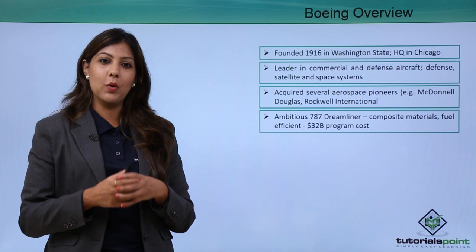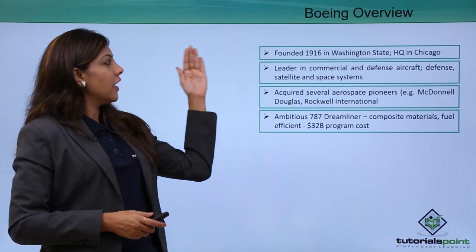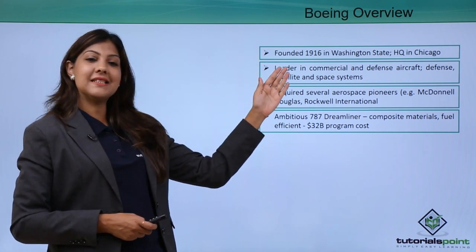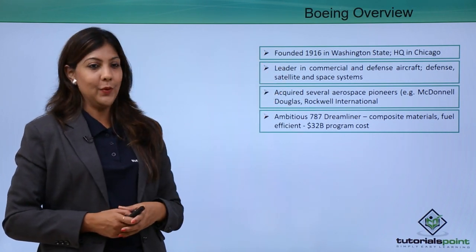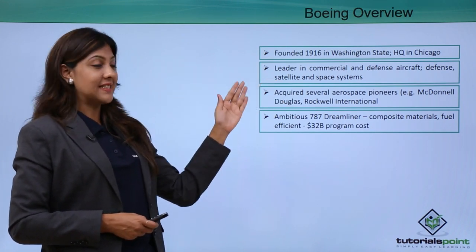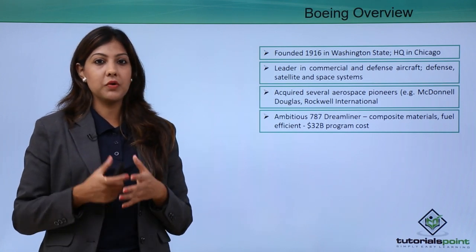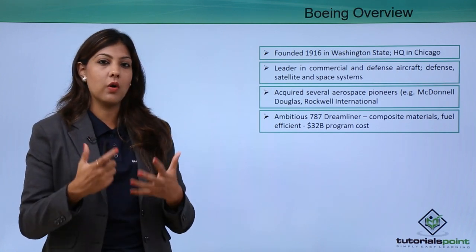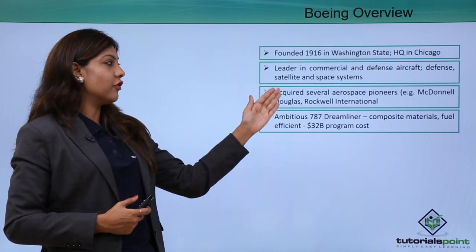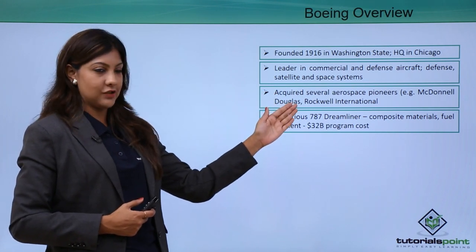Taking a look at Boeing. The Boeing aircraft also have specific requirements. It was founded in 1916 in Washington and it has its headquarters in Chicago. It is a leader in commercial and defense aircraft, defense satellites, as well as space systems. So Boeing has not been only about commercial airlines, but has also gone into aerospace. It acquired several aerospace pioneers, for example McDonnell Douglas and Rockwell International.